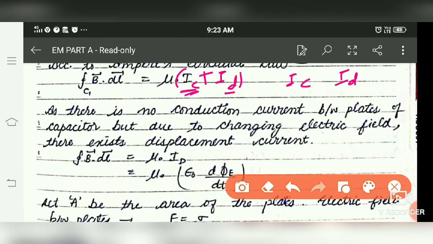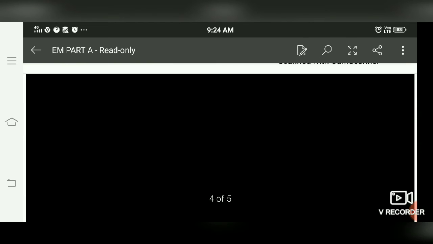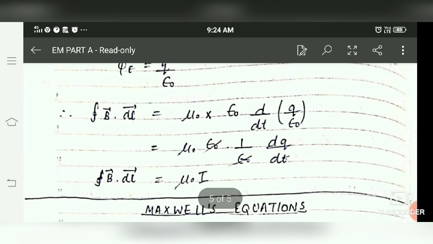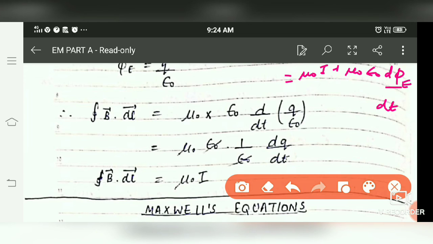The overall result is mu naught I plus mu naught epsilon naught d phi E by dt, which equals the line integral of B dot dl. This is the modified form of Ampere's circuital law.